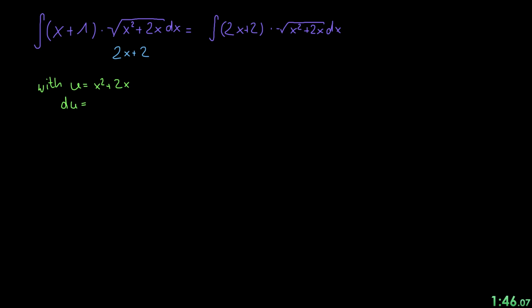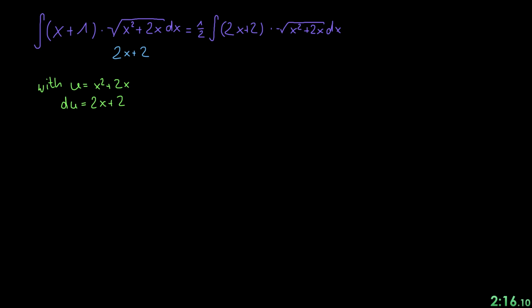We already solved that one, that is 2x plus 2. If I look at it, this part here is exactly this part here. That's exactly what I want. However, this integral is not the same as this one, because I just pretended that there was a 2 there. What I'm going to do instead is multiply the integral by 1 over 2.